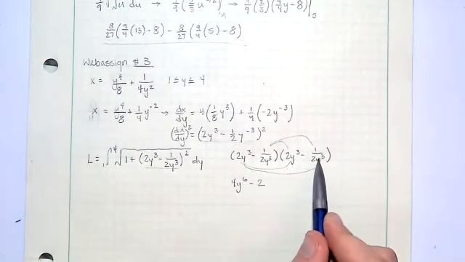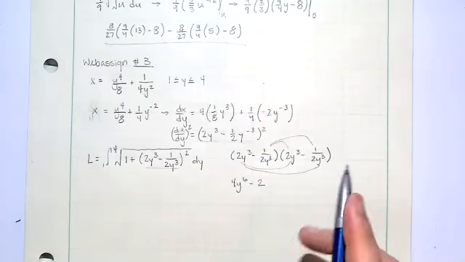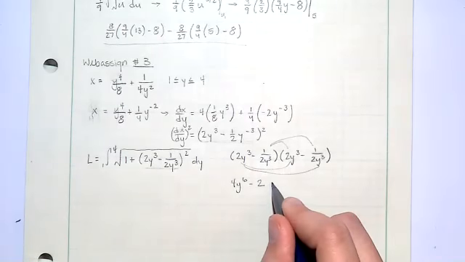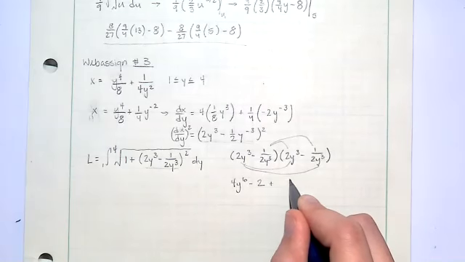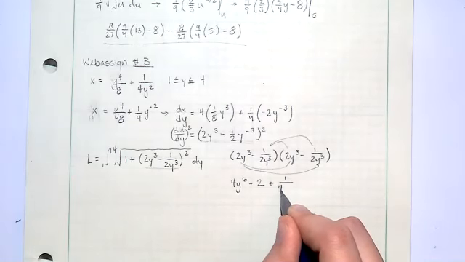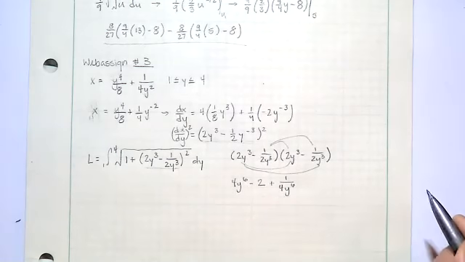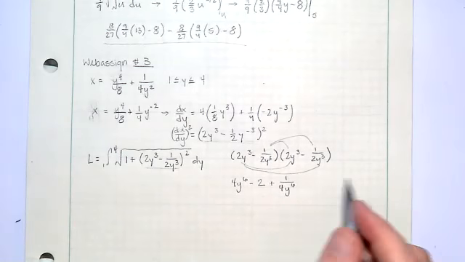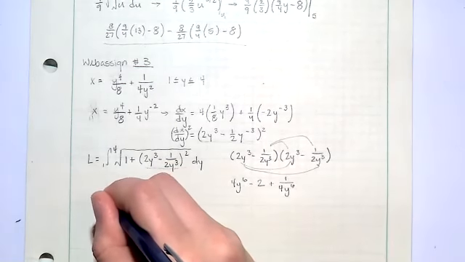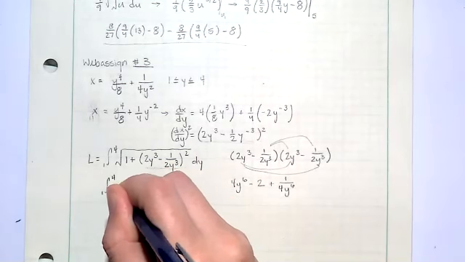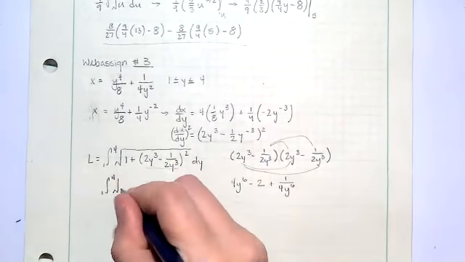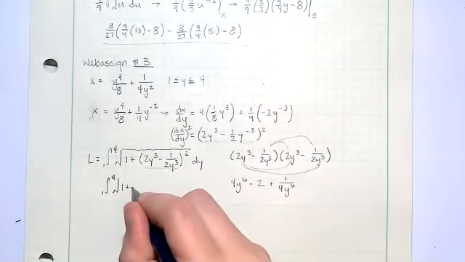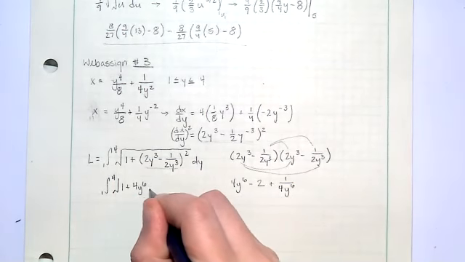When we multiply these, they'll both be equal to a minus 1, adding to a minus 2, and then we'll have plus 1 over 4y to the 6th. So then we'll go from 1 to 4 of 1 plus what we just found.